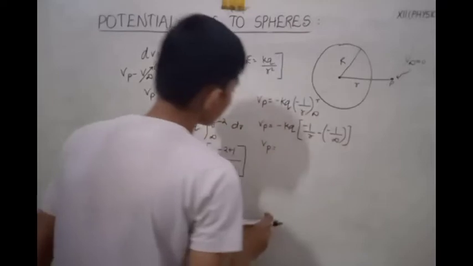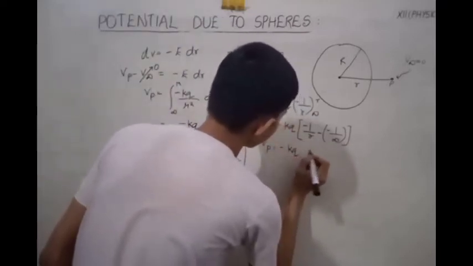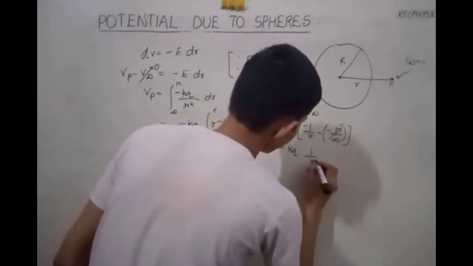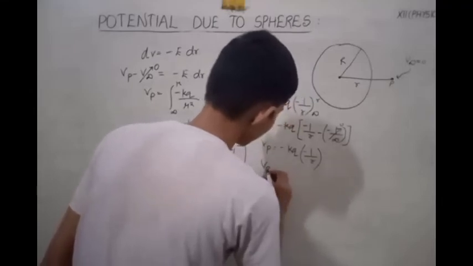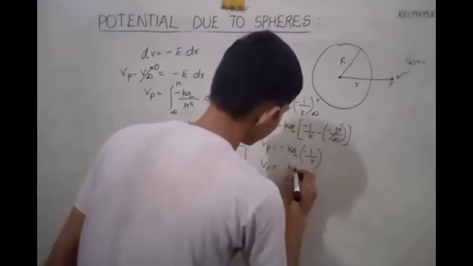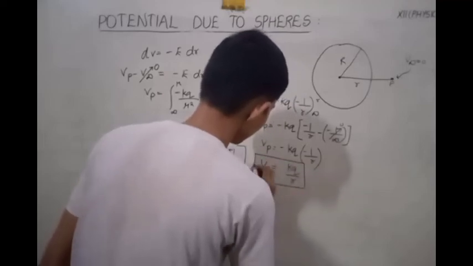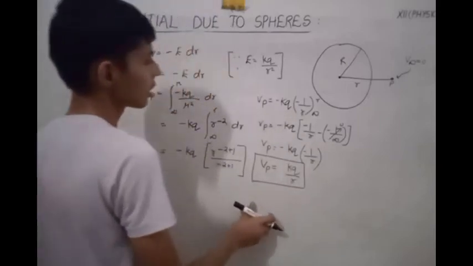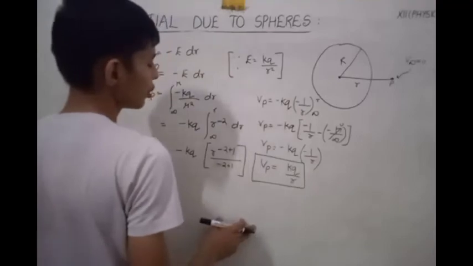Then we are left with Vp equals minus kq, the infinity term becomes 0, multiplied by minus 1 by r. Then Vp equals kq divided by r. We got the formula of finding the potential at a point P which is outside the conductor. This is the formula of finding the potential at P.